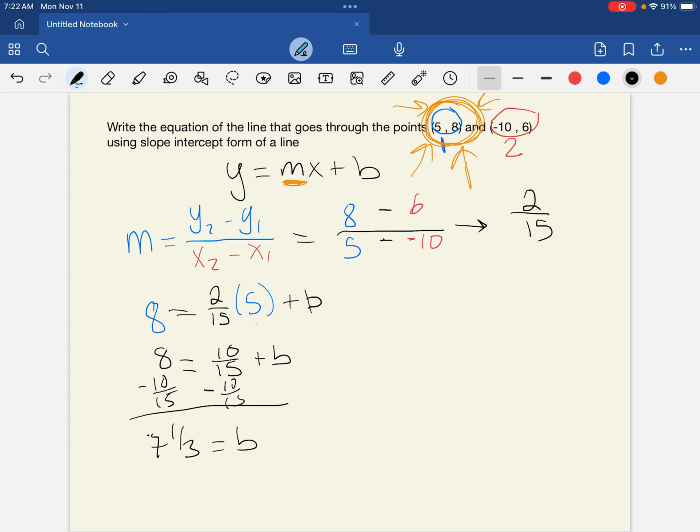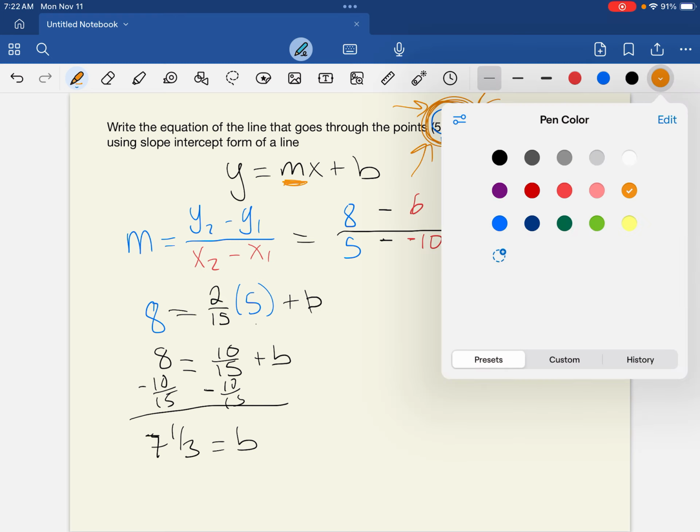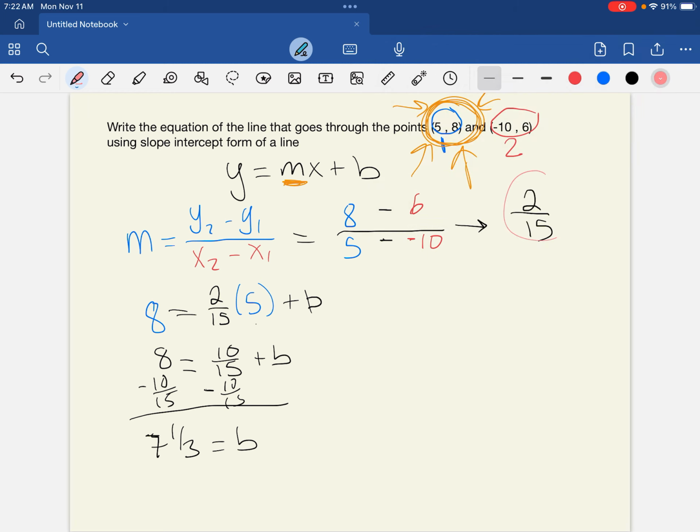Okay, now I have found my M and my B. I'm going to call M pink. I'm going to call B this green color. I have not written an equation yet. So then once I have those two numbers, I'm going to plug them back into the slope-intercept form of a line.